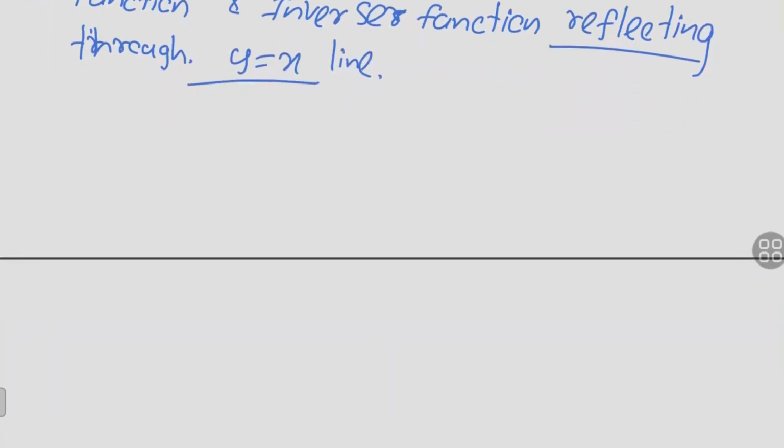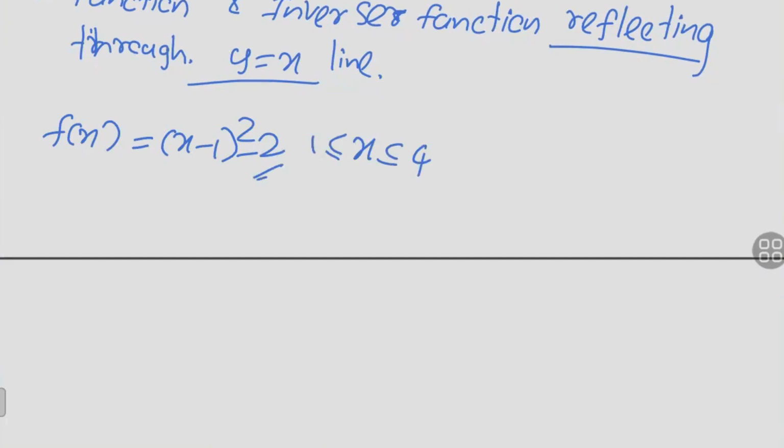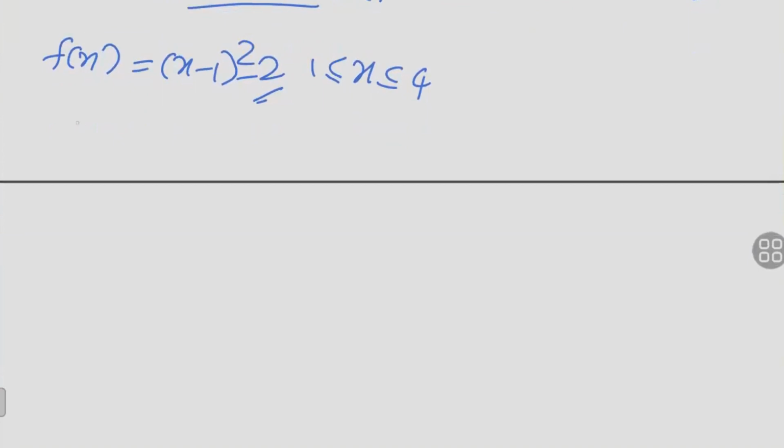Now let's say they have given f(x) = (x minus 1) squared minus 2, and the domain for x is within 1 and 4 or something. What kind of graph do you get for f(x)? This is a minimum curve, right?